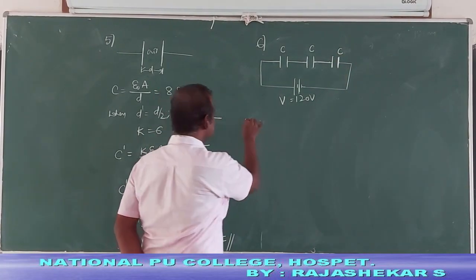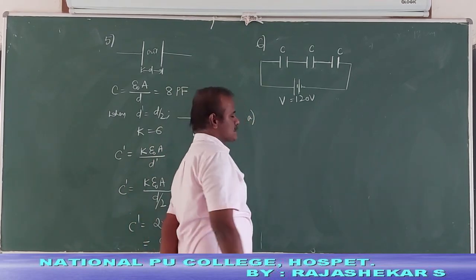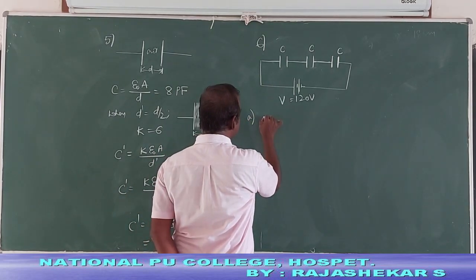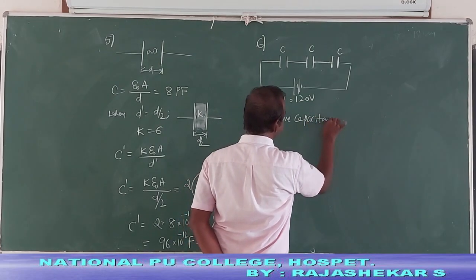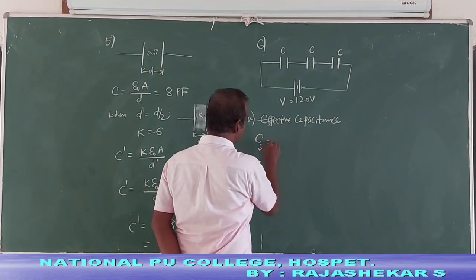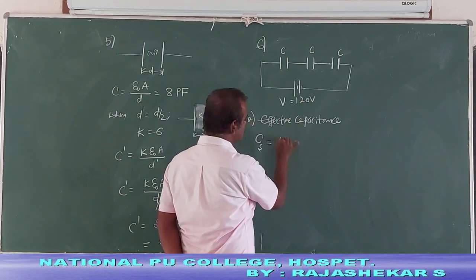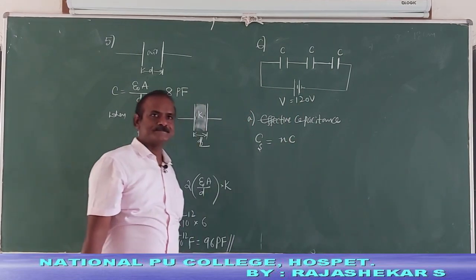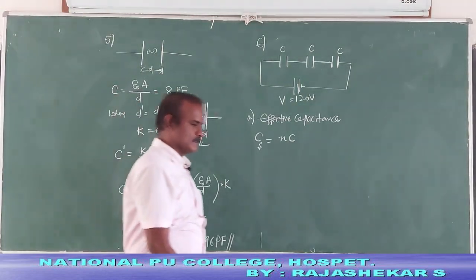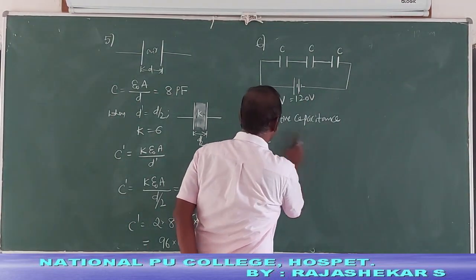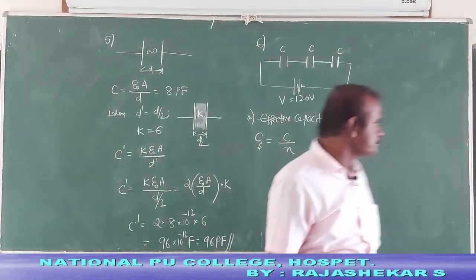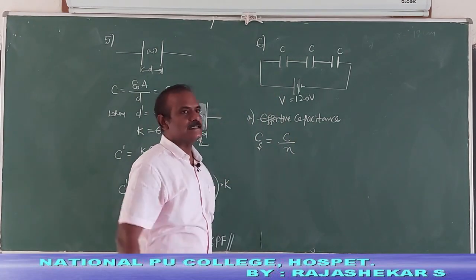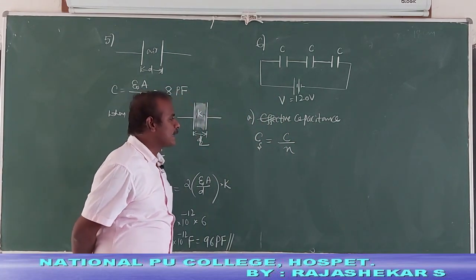What is the first question? Total capacitance, or effective capacitance. Cs is equal to, all are identical, so the formula simply becomes C by N for identical capacitors in series combination.